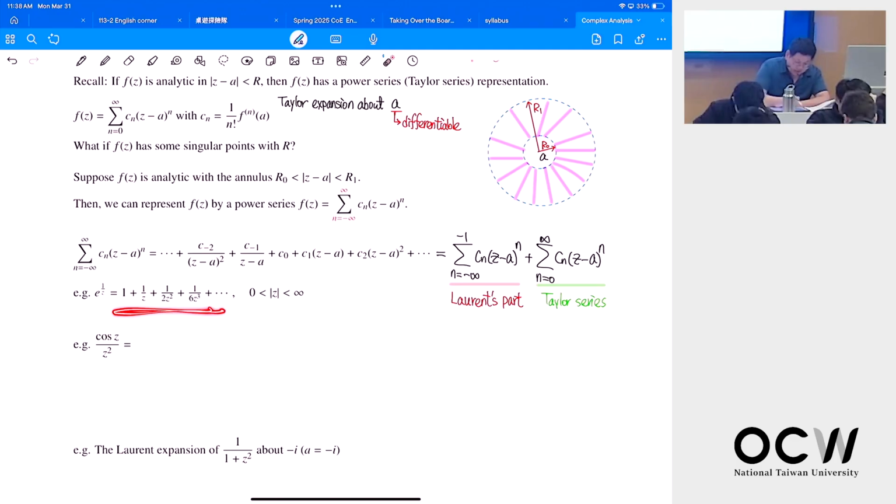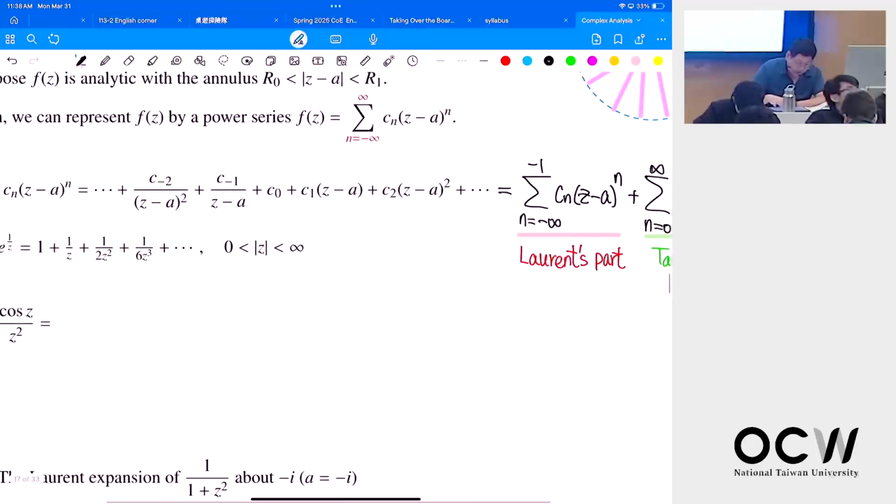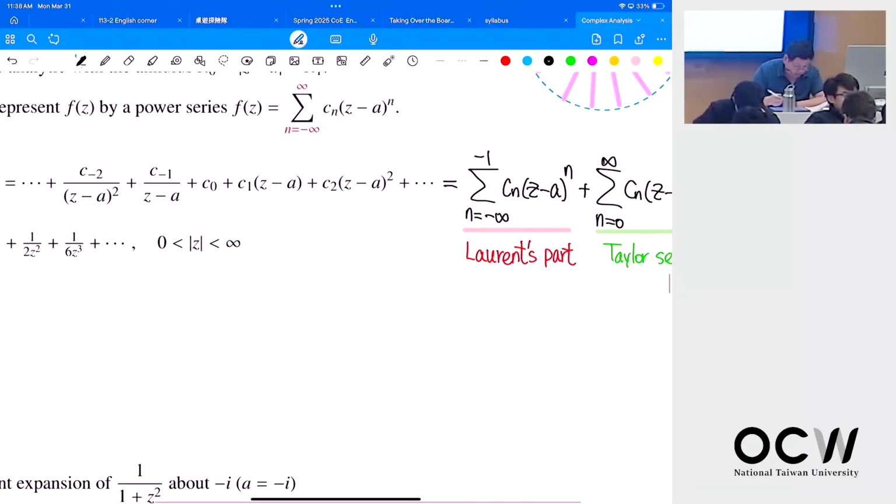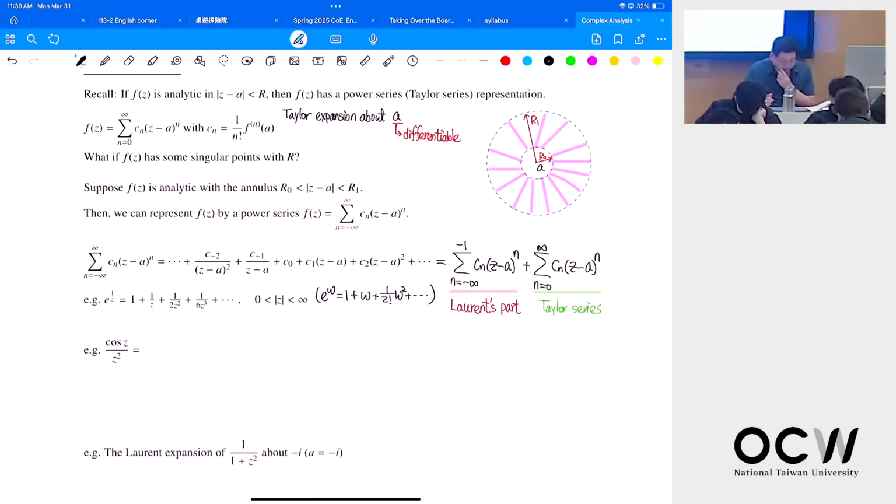You can think of e to the 1 over z like e to the w. e to the w will be 1 plus w plus 1 over 2 factorial w squared, and so on. You just change w to 1 over z.